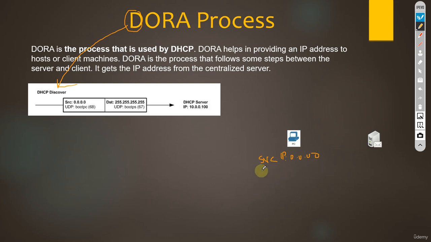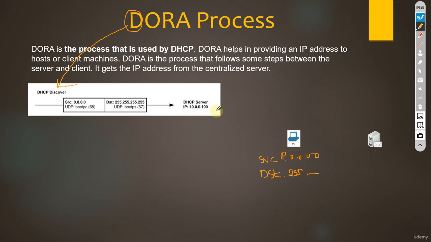But I want to get to this destination, which is 255.255.255.255. I have already mentioned it here. It means if there is any DHCP server residing on my local area network, I want to approach that machine.